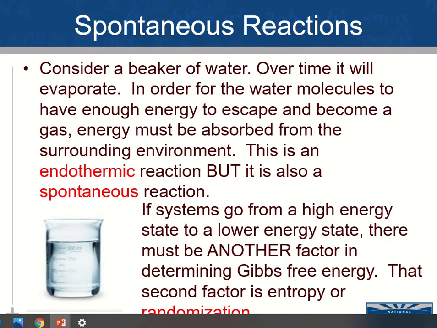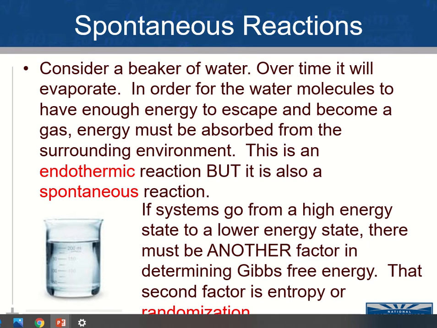Okay, let's go back to when we were talking about the evaporation of that beaker that I left in the classroom over break. We know that it will evaporate. And even though it's an endothermic reaction, we know that it will spontaneously evaporate.